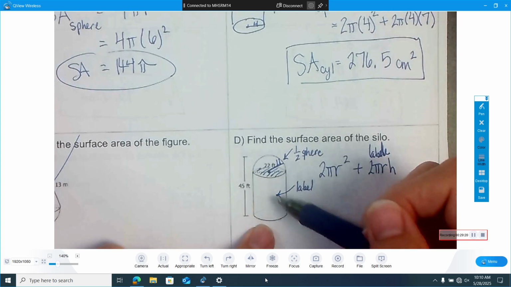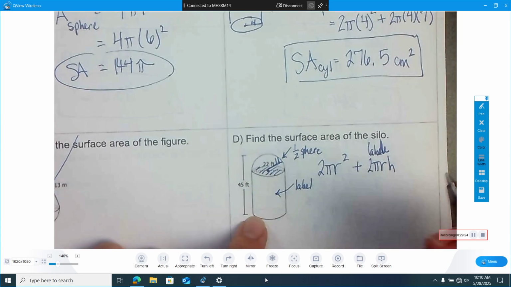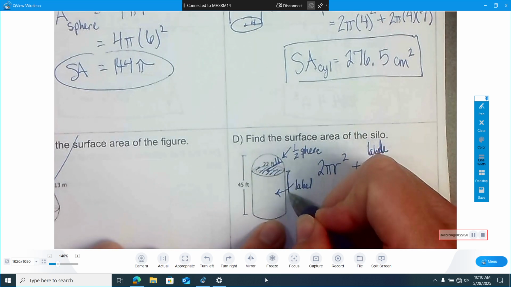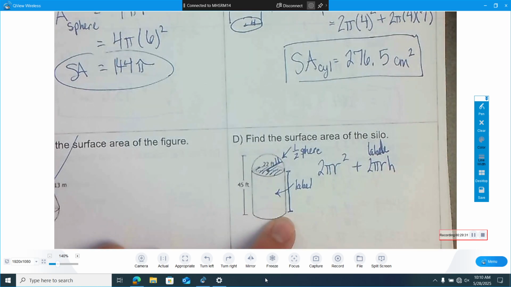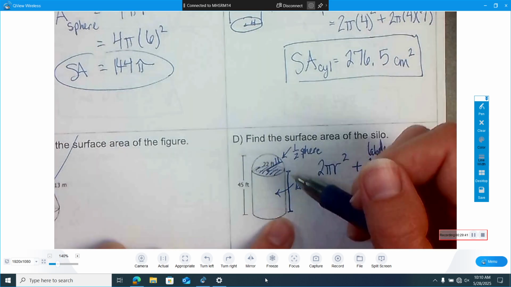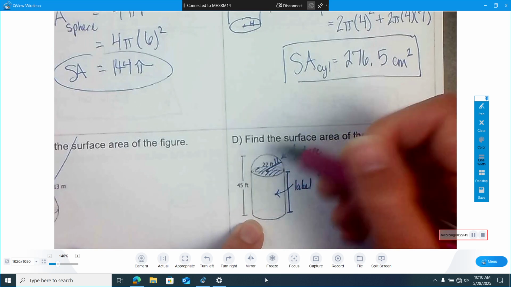Is the height of the label 45? No, it is not. 45 is top to bottom, so we need to know the height of just our label here. How do we figure that out? Actually, we know from the bottom to the very top here is 45.